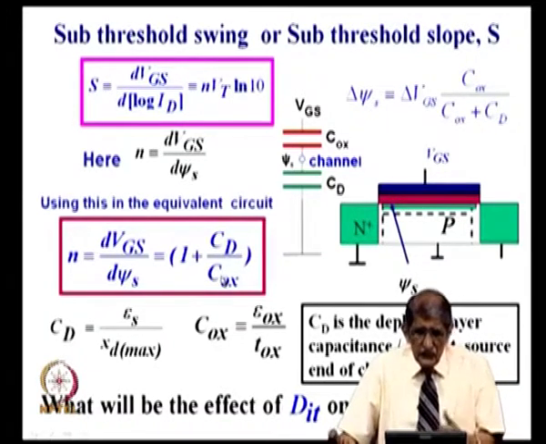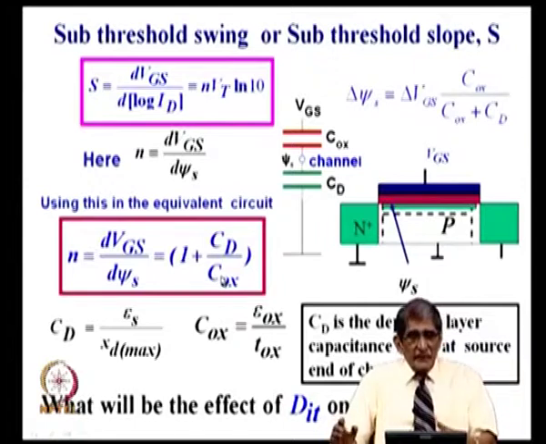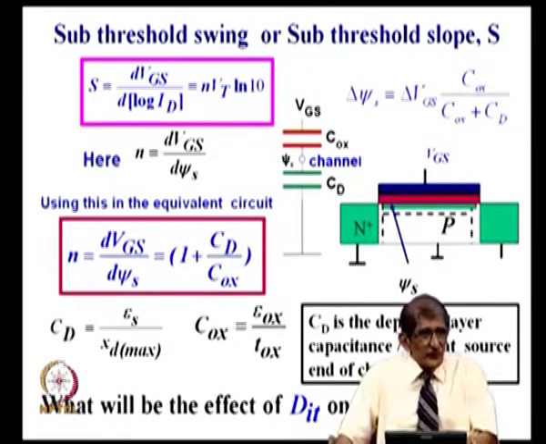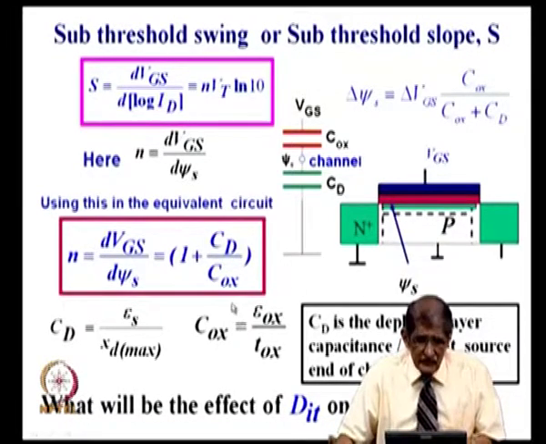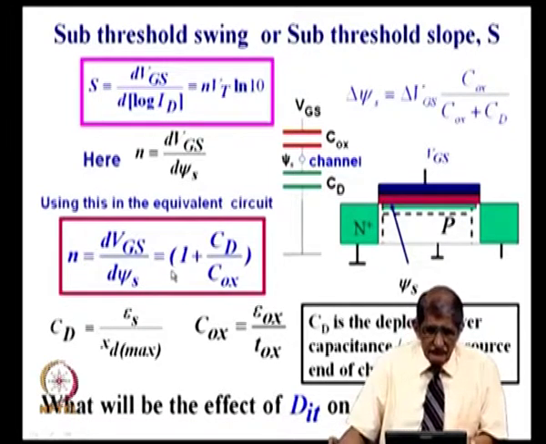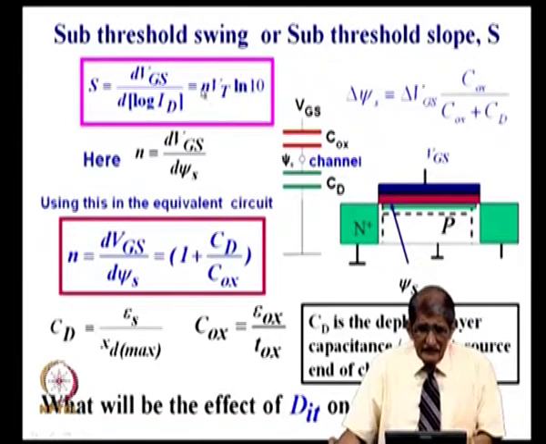So, what would you do to improve the subthreshold slope? Straight away it is clear. The best that you can get is 60 millivolts, that is kT/q ln 10. I have to make CD very small compared to C oxide. One way is to reduce CD by reducing the doping here.